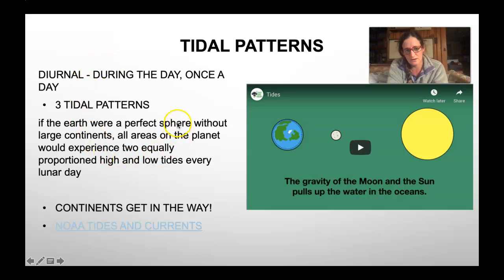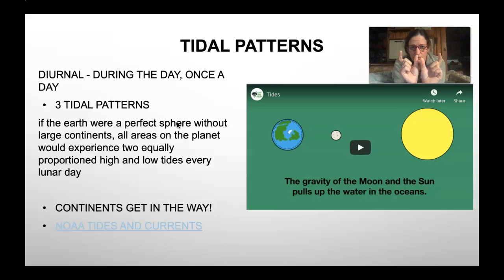So we're going to look at the patterns first of the tides. And there are three main patterns. There's the diurnal pattern. Diurnal, that word means daily. So a once daily high and a once daily low tide. Then there's the semi-diurnal. And the semi-diurnal tides, there's basically two.